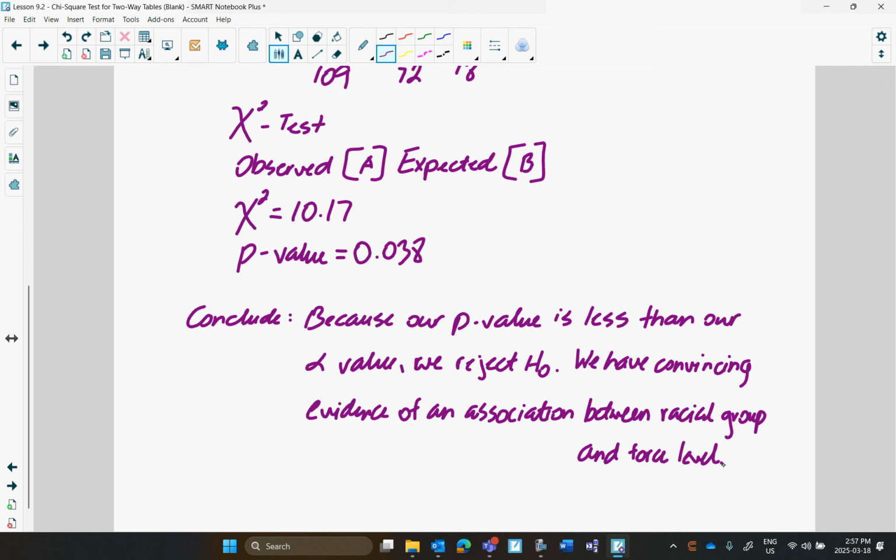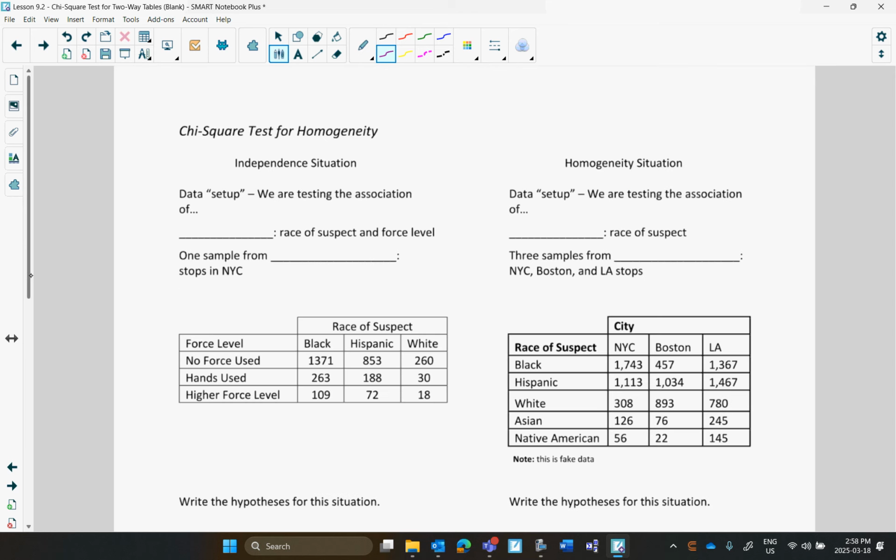The very last thing I want to do is just to make you aware of another chi-square test. We're not going to do it. Something called a chi-square test for homogeneity. The independence situation we did today has two variables, race of suspect and force level, and there was one sample from one population, which was New York City.